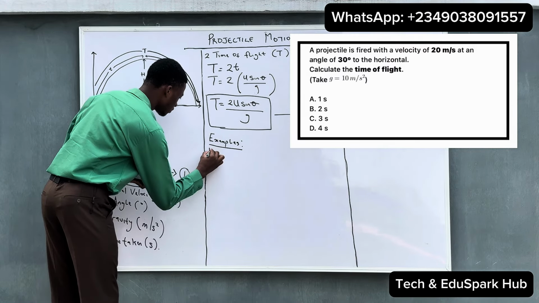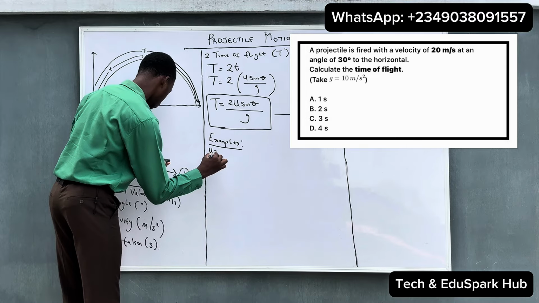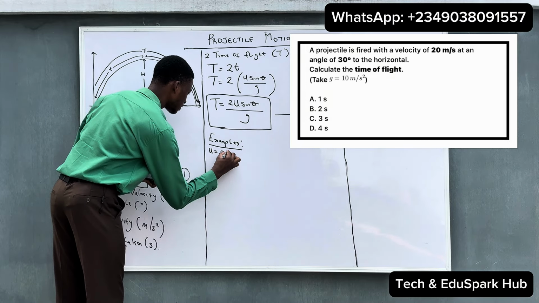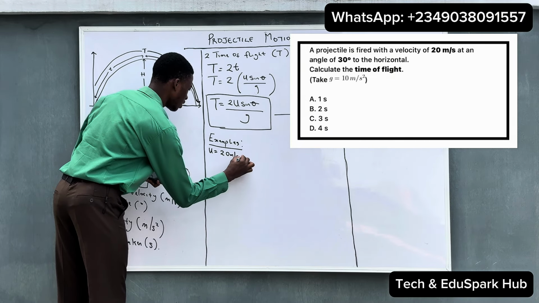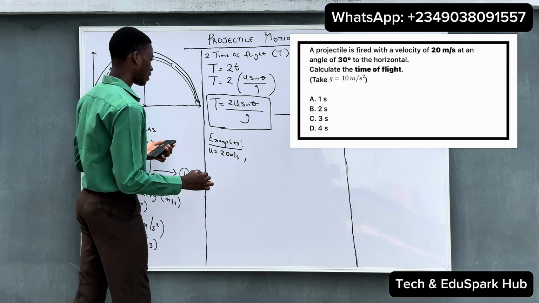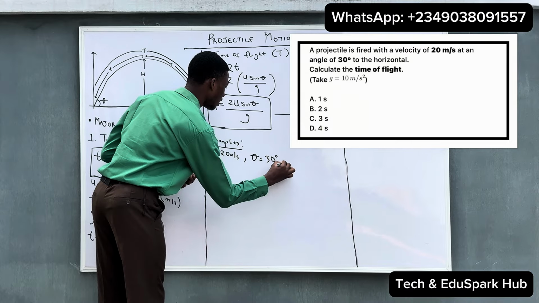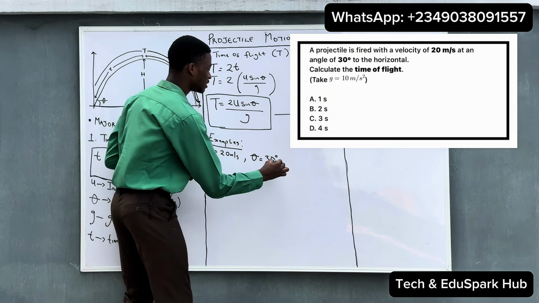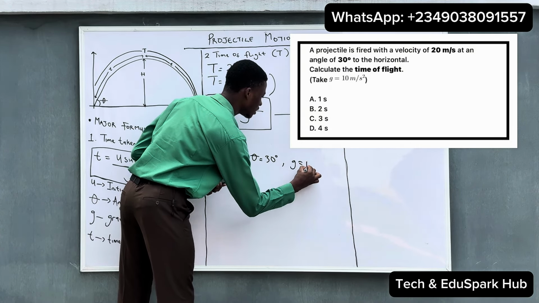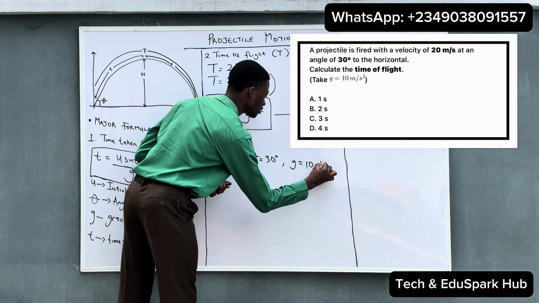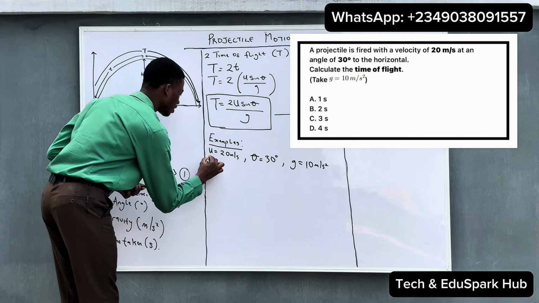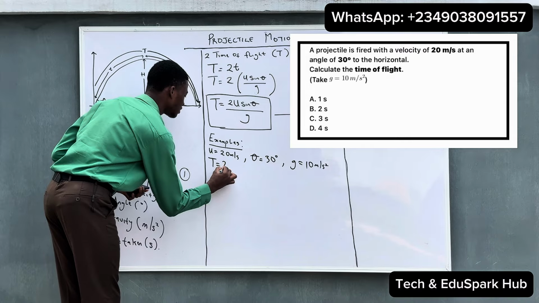We are given our u, which is the initial velocity, to be equal to 20 meters per second. And we are also given our angle, theta, to be equal to 30 degrees. And lastly, we're given our g, which is the gravity, to be equal to 10 meters per second square. And they ask us to calculate our big T, which is the time of flight.